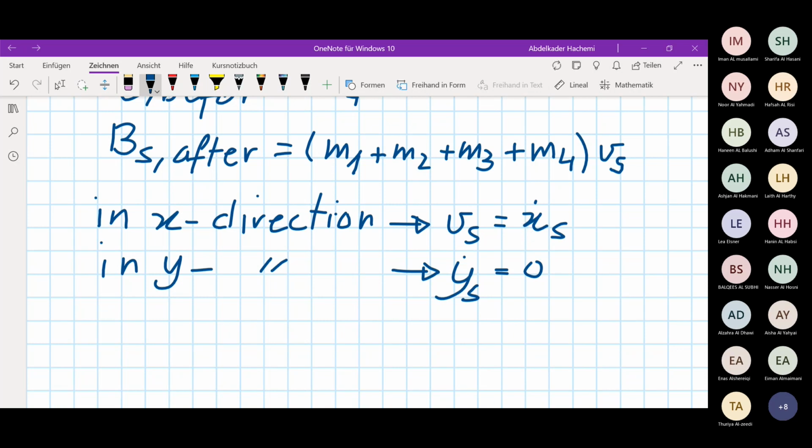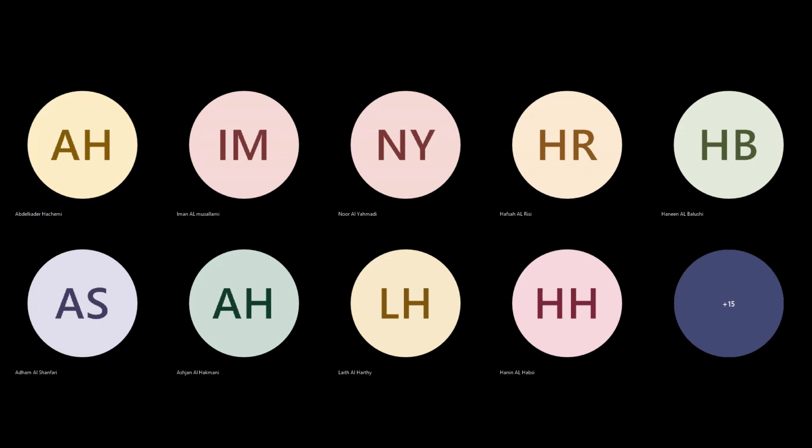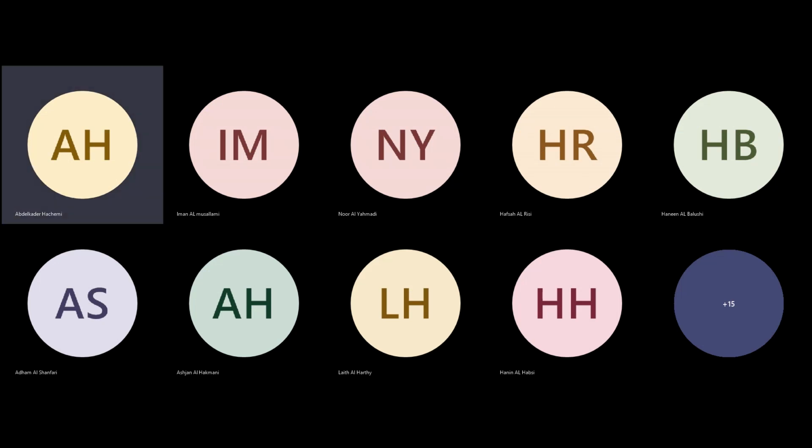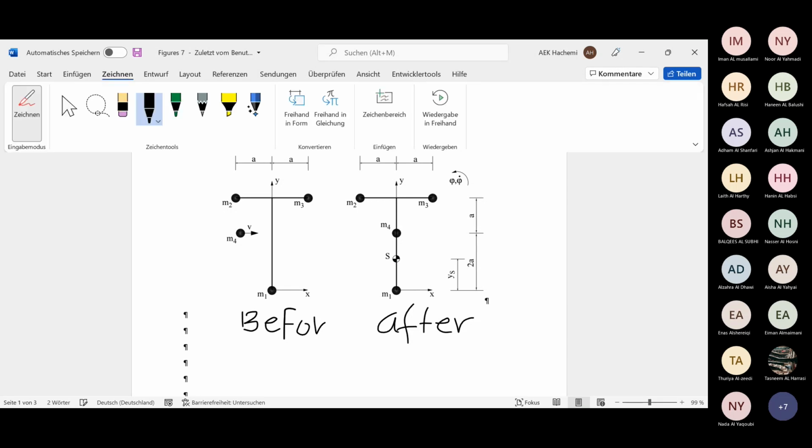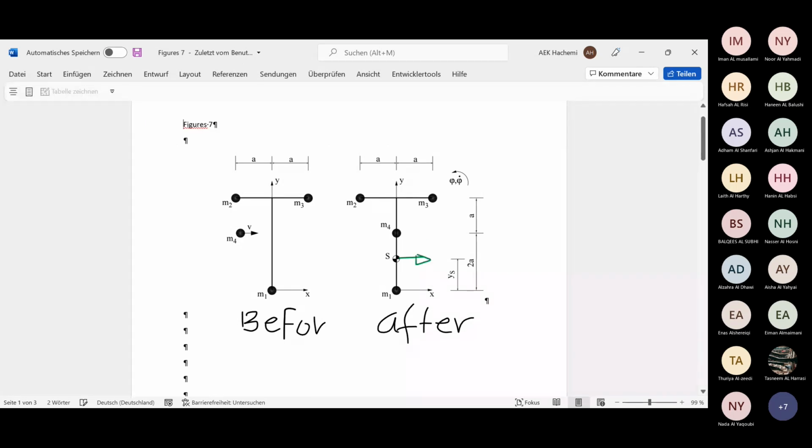And now if we look at the geometry of this problem, or of this system, we have the gravity center or the centroid S, where we have the velocity V S. Now we have the X coordinate and the Y coordinate.